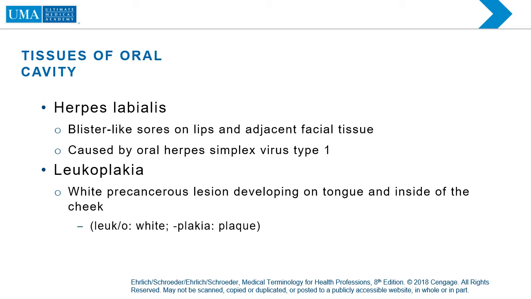If we were to break this down, again, leuko meaning white and plakia means plaque. Now, these lesions develop in response to chronic irritation within the mouth, such as constant rubbing against a broken tooth, and occasionally leukoplakia patches occur in the genital area, also in the digestive system, or you may find it present in the urinary tract as well.